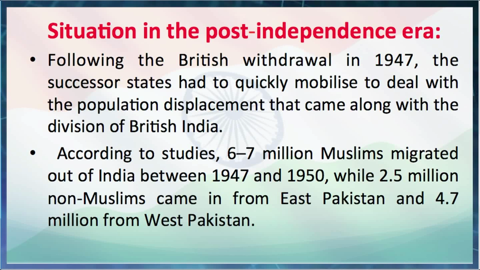to deal with the devastating population displacement that came along with the division of British India. According to a recent study, 6 to 7 million Muslims migrated out of India between 1947 and 1950, while 2.5 million non-Muslims came in from East Pakistan and 4.7 million from West Pakistan.